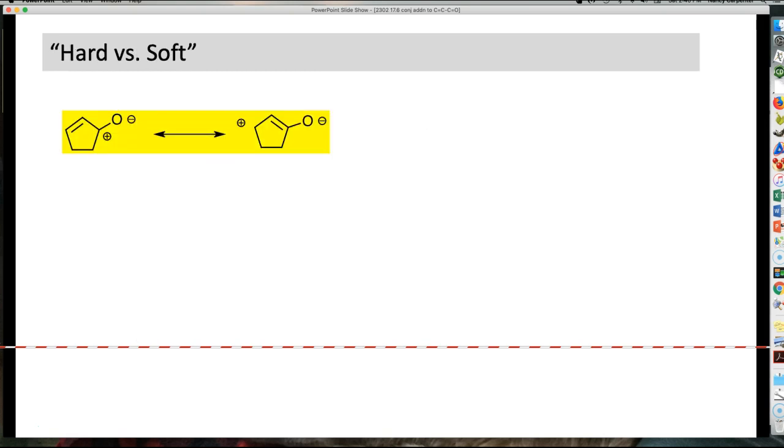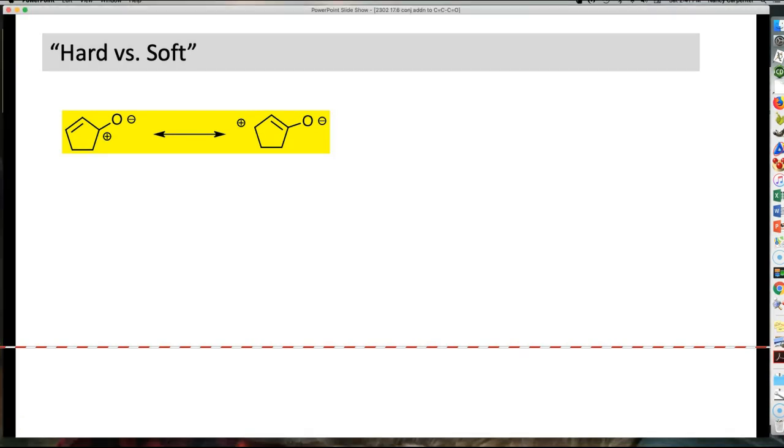So, hard versus soft. When I look at my two possible electrophiles in my conjugated species, that carbon versus that carbon, I'm going to characterize one of them as hard and one of them as soft. So how am I going to do this?